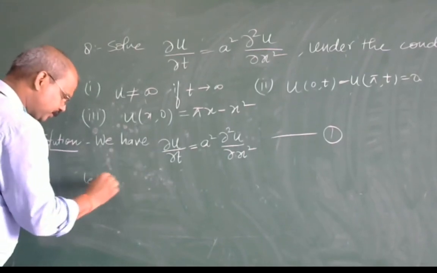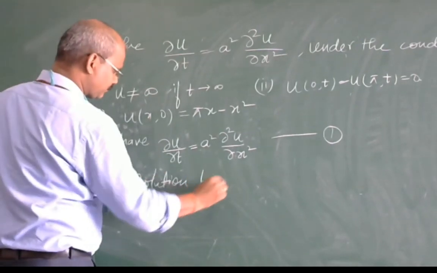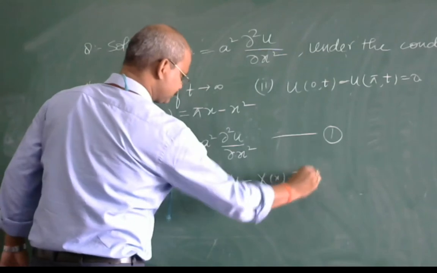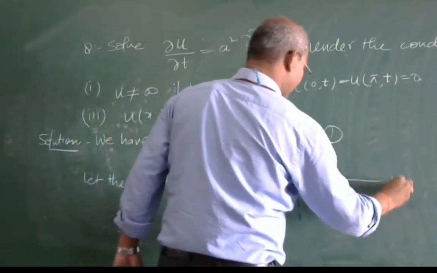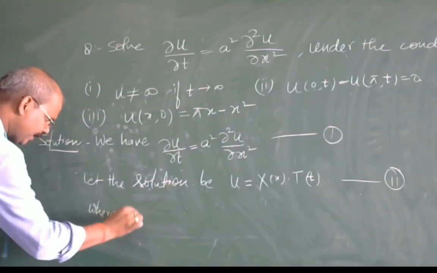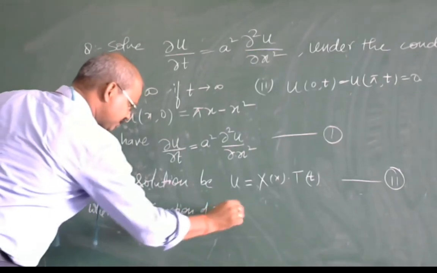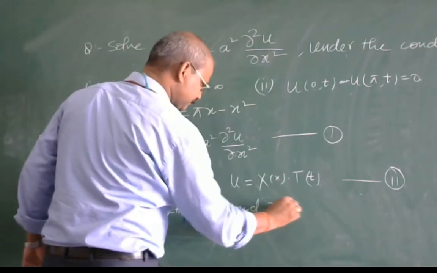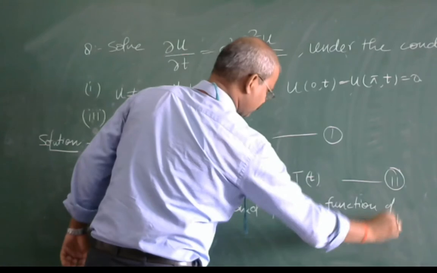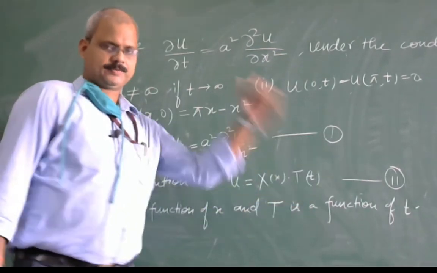So let the solution be u equal to X times T. This is the second equation, where X is a function of x and capital T is a function of t.